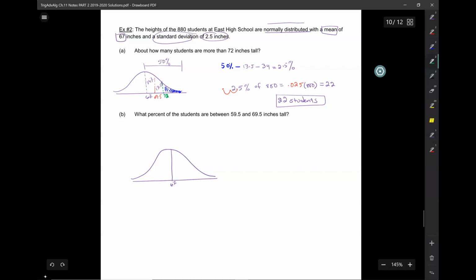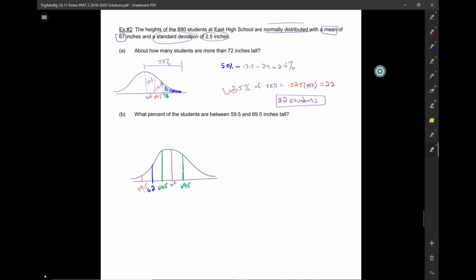So 69.5 here, that's one standard deviation. Now, let's go over minus 2.5, that's 64.5. Another one, minus 2.5, that's 62. Another one, and I get 59.5.